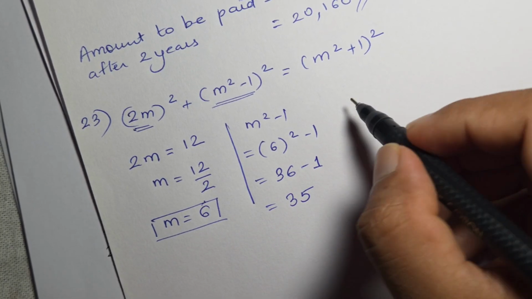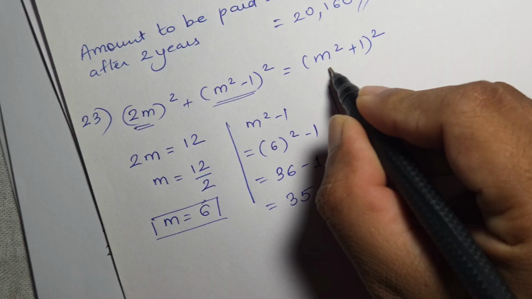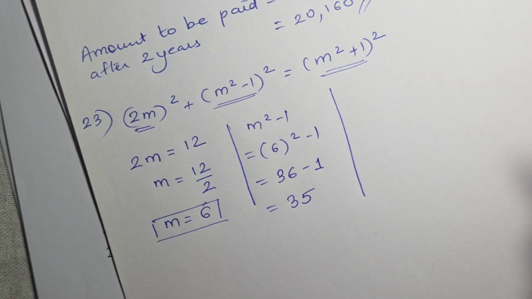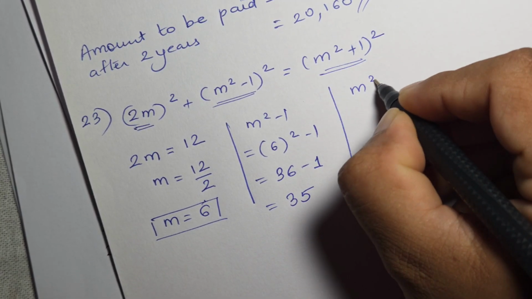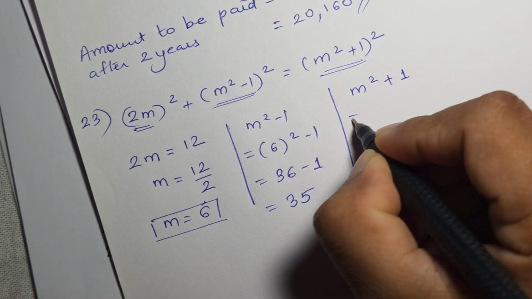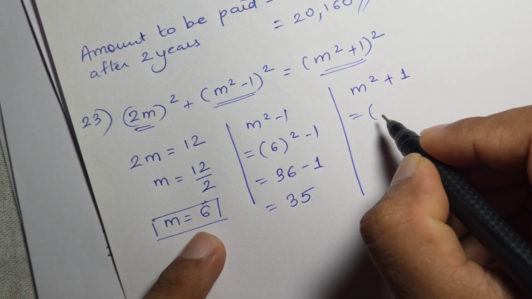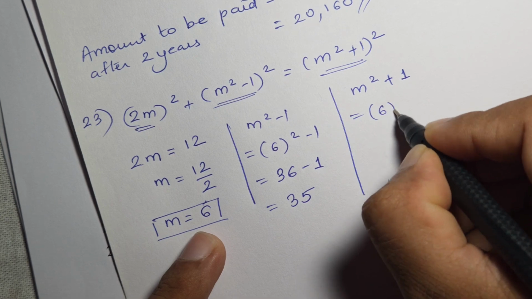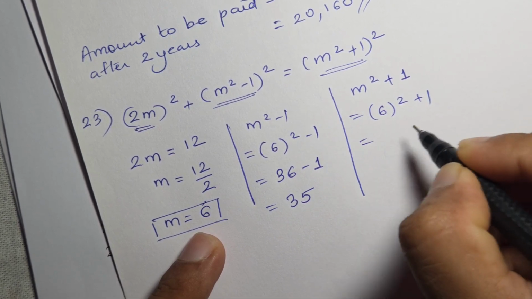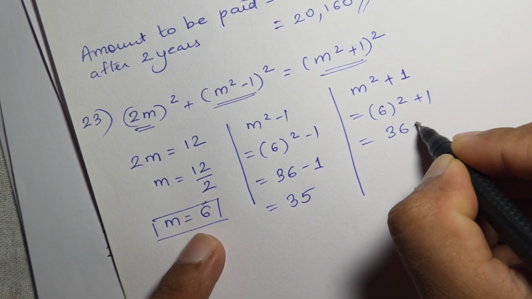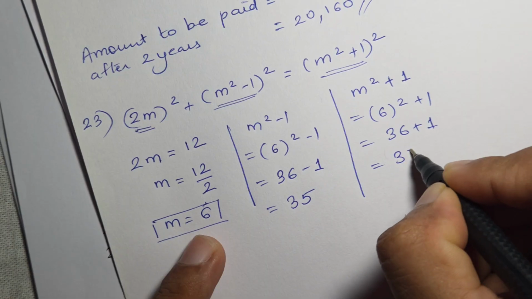Then, let us use m square plus 1. Again I'm using the value of m, that is 6. So 6 square is 36 plus 1, that is 37.